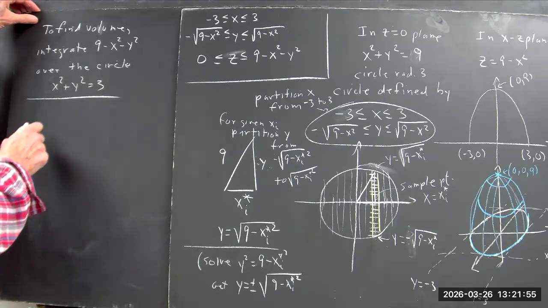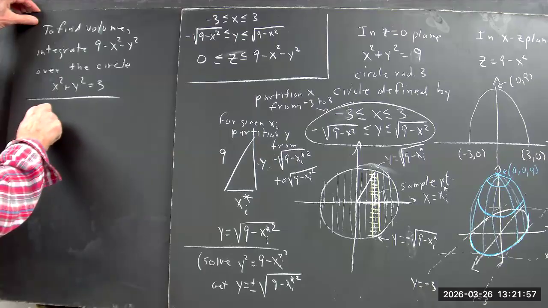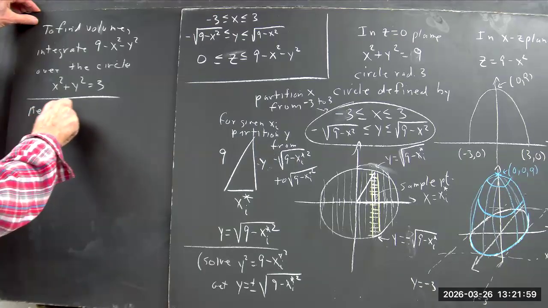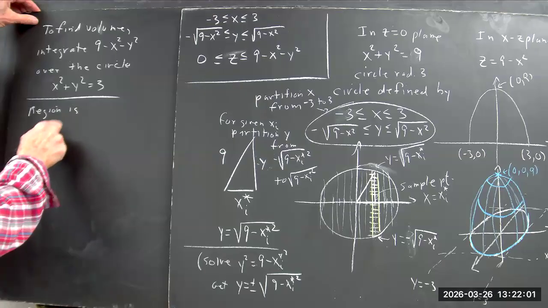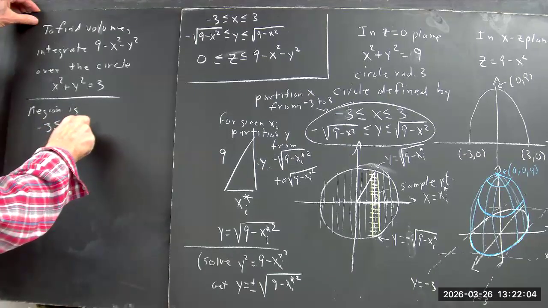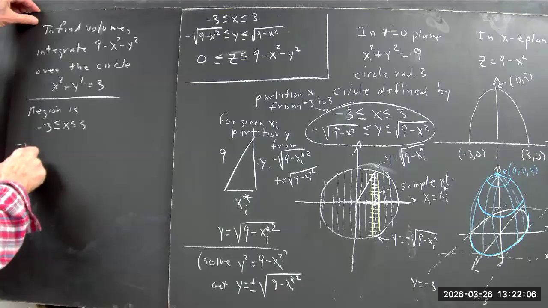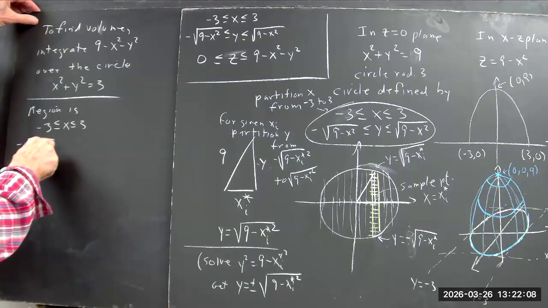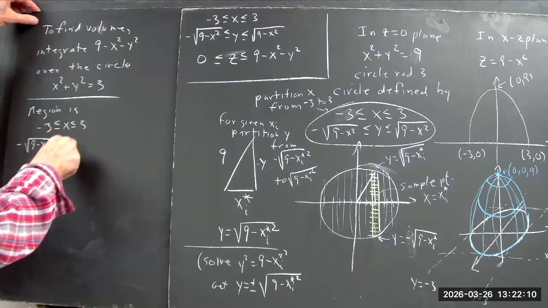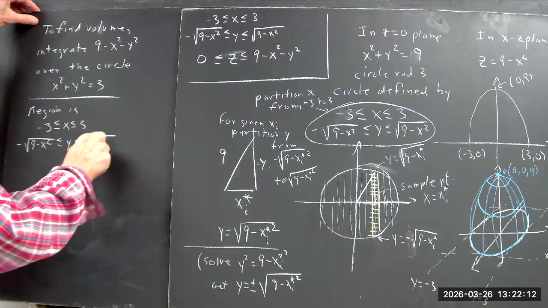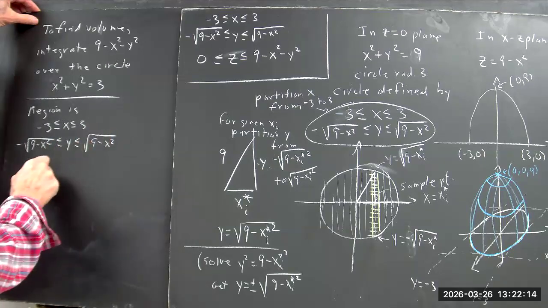Well, the region is -3 less or equal to X less or equal to 3, and negative square root of 9 minus X squared less or equal to Y less or equal to square root of 9 minus X squared.